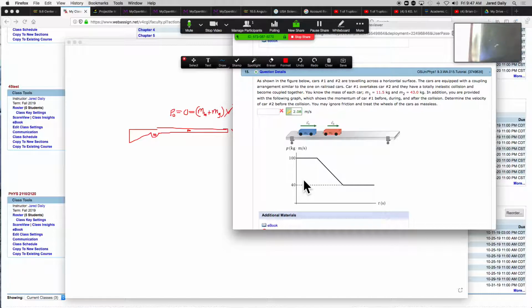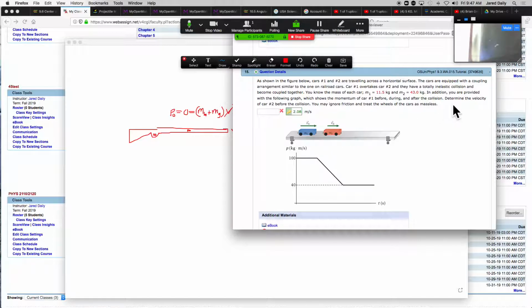So in this one we have a momentum time graph. This is not a force time graph. This is a momentum time graph. So this tells you the momentum of this system. And you have two cars traveling across a horizontal surface in the same direction, and car 1 catches up to car 2, and they stick together.